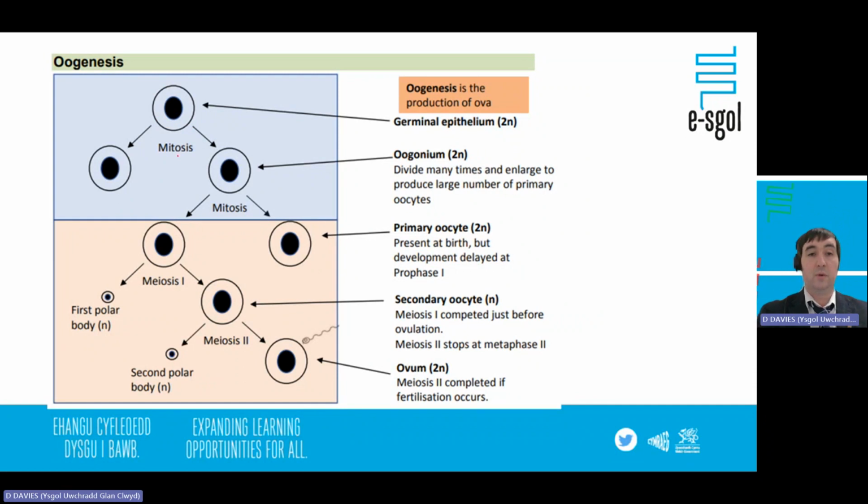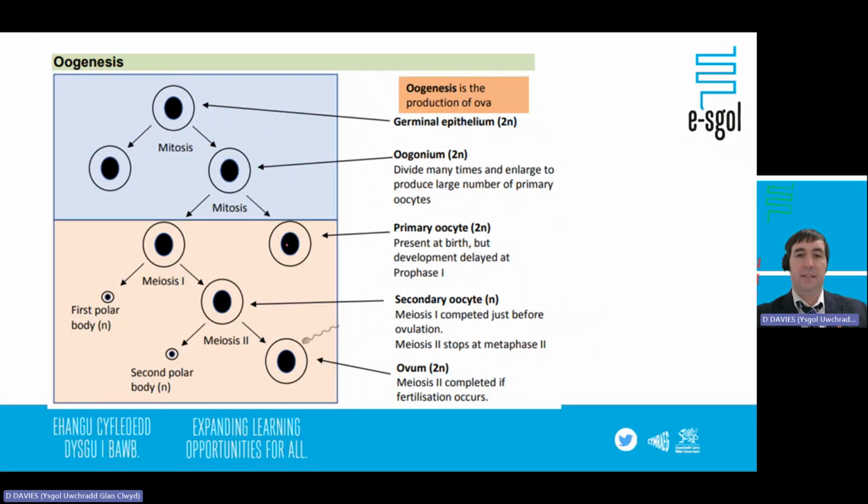That undergoes a mitotic division to produce oogonium, an oogonium or oogonia. So far that's fairly similar to what we've had in spermatogenesis, isn't it? And again, the ium ending, spermatogonium, oogonium.